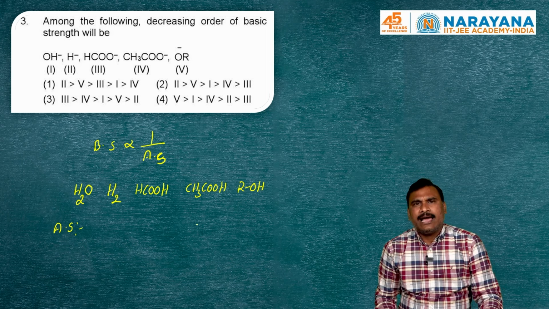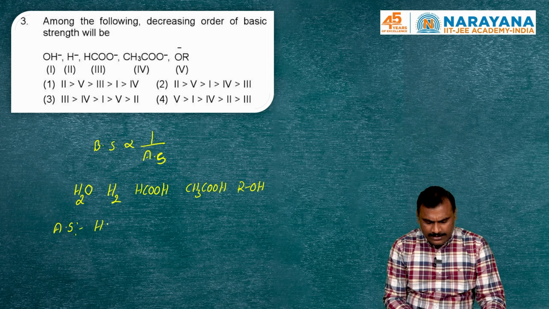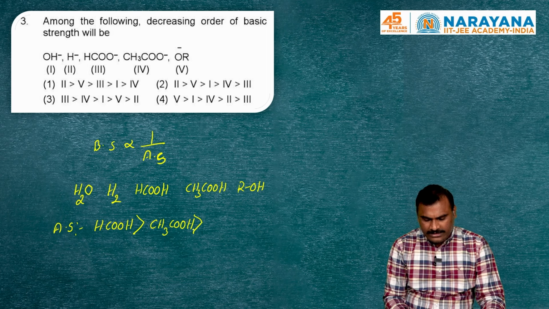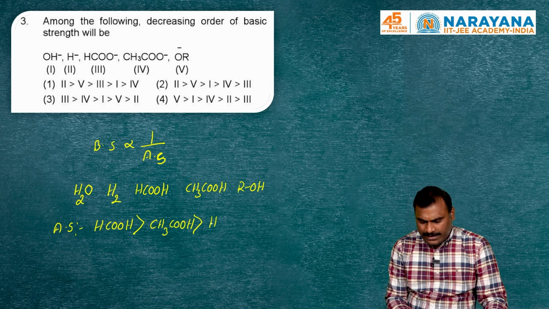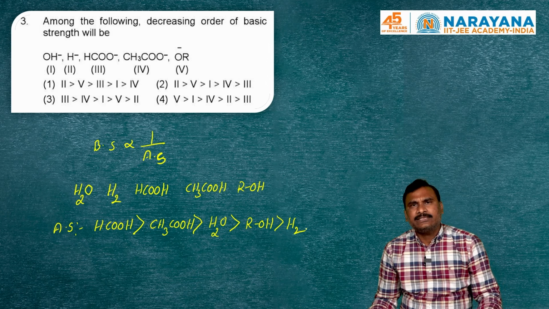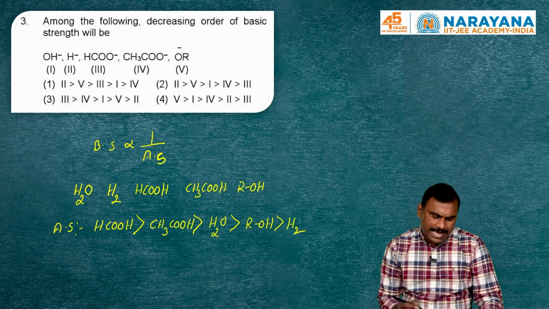Among the given acids, the acidic strength order: formic acid is more acidic than acetic acid, which is more acidic than water, which is more acidic than alcohol, which is more acidic than hydrogen. This is the acidic strength of the acids.